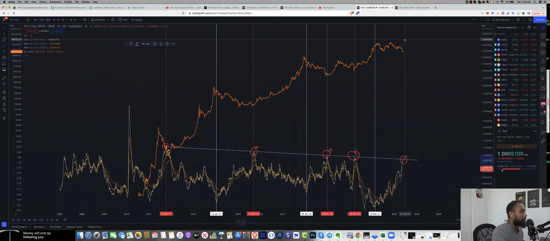Currently we are at this trend line, and the last time we were at this trend line was actually at the COVID-19 crash, and as well at the bottom of the bear market.